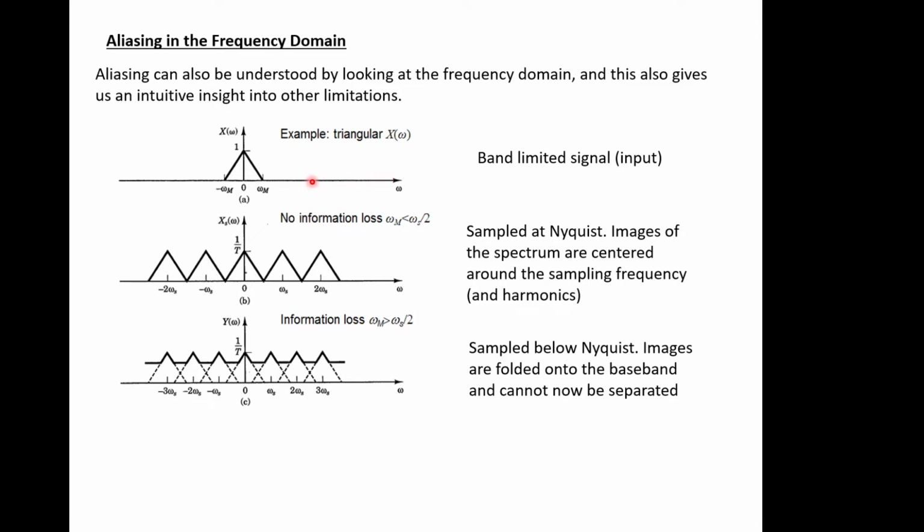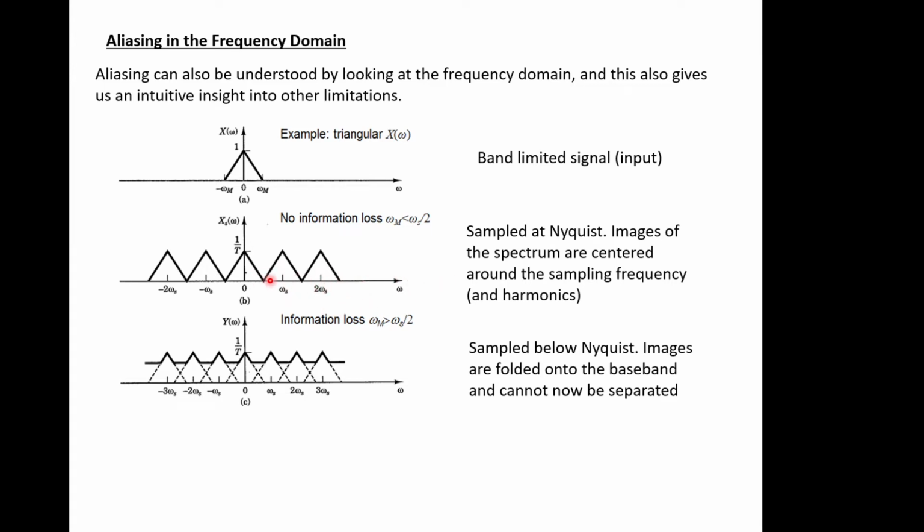If we then sample at the Nyquist frequency, we end up by multiplying the frequency information up onto the harmonics surrounding the Nyquist frequency. So it's a form of modulation really, and so we would expect it to be up here somewhere, but also we get lots of harmonics, and these go forever as well.